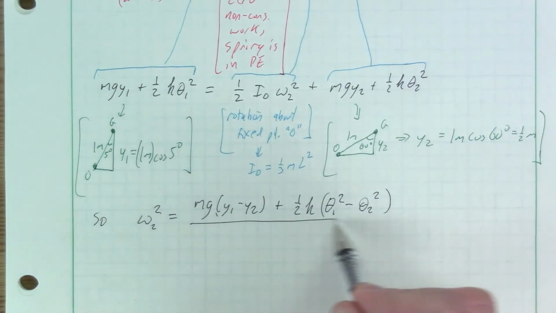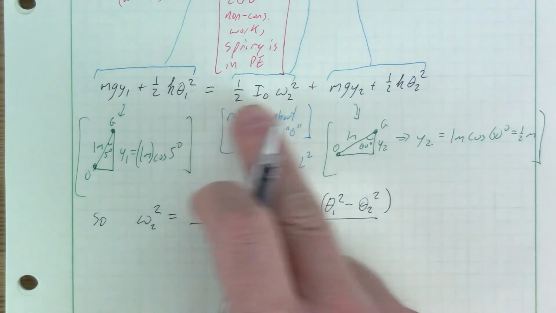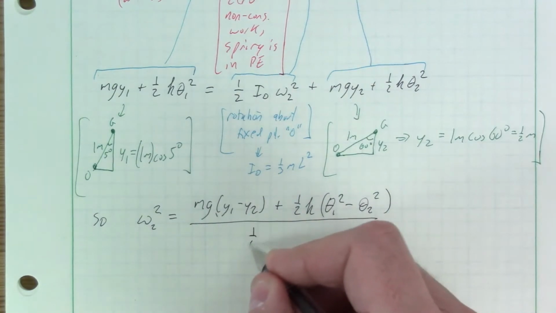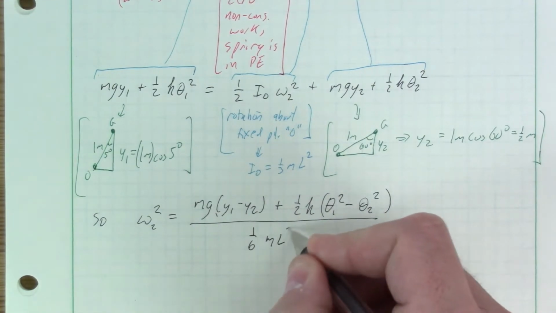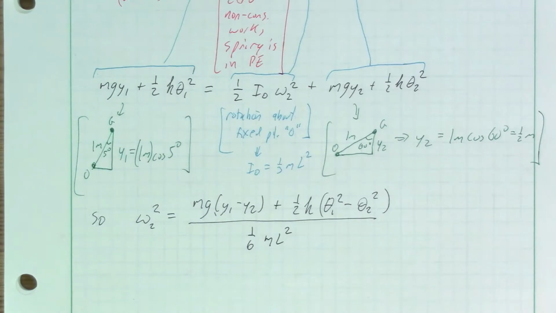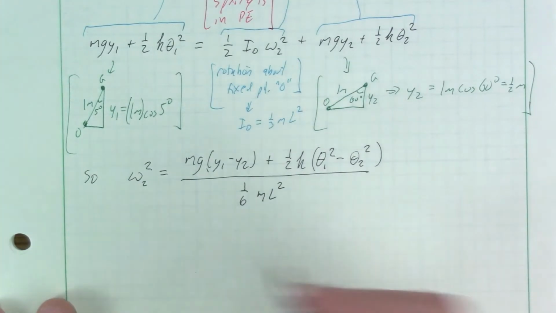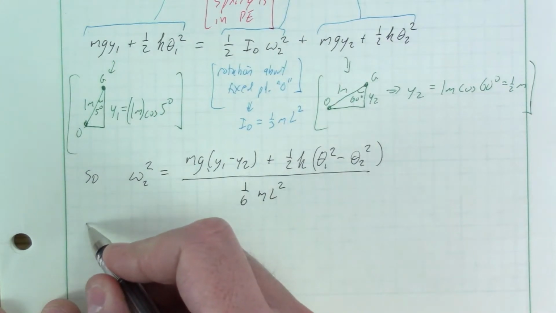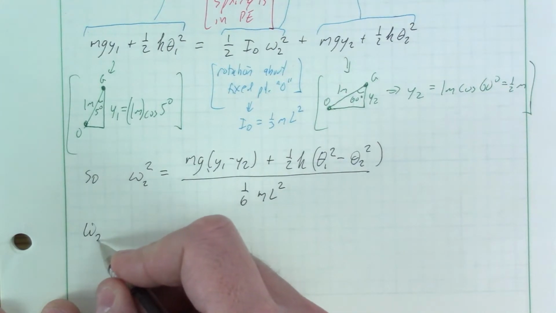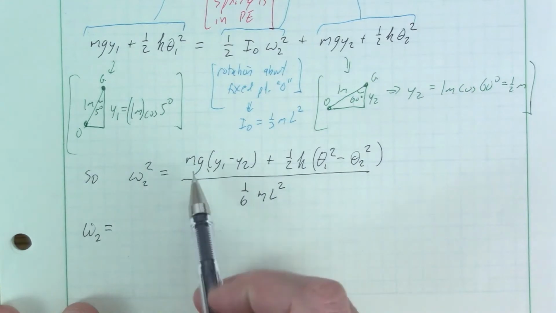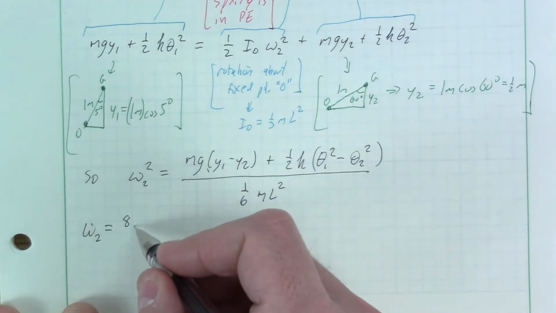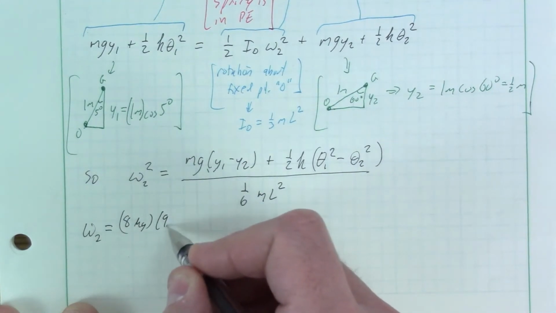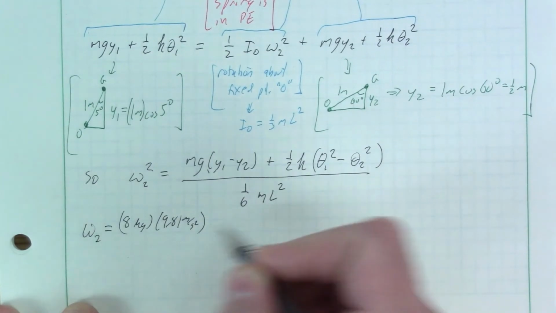Now we just divide by 1/2 I naught. Well, 1/2 I naught is 1/6 ml squared. Okay. All right. I don't mind plugging all these things in, just in case there's any surprises along the way. So this is 8 kilograms. This is 9.81 meters per second squared.